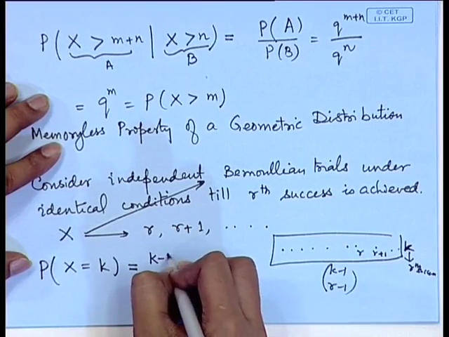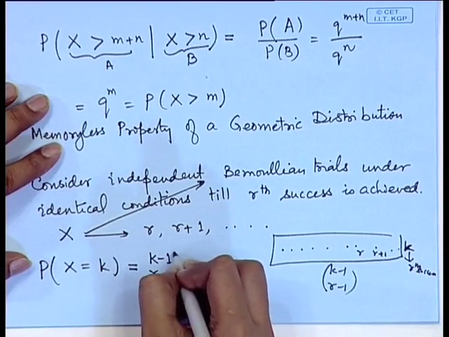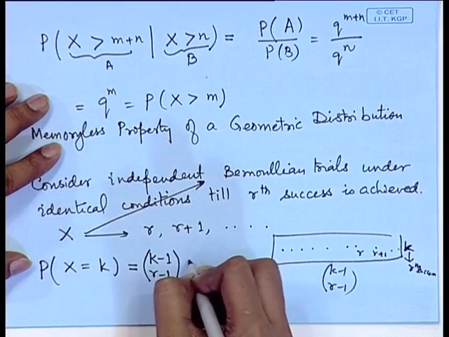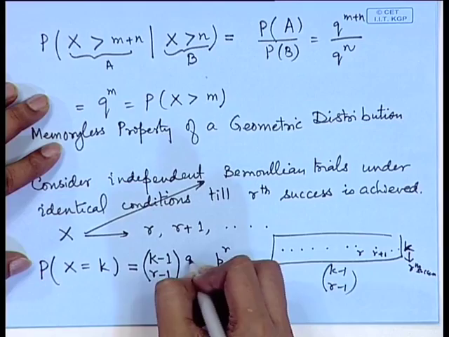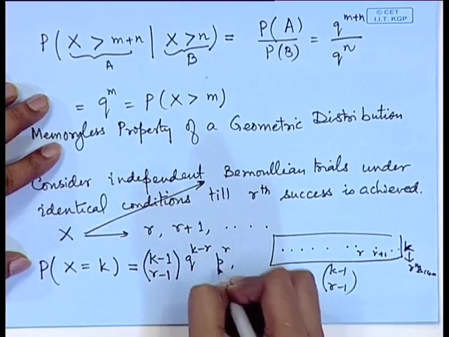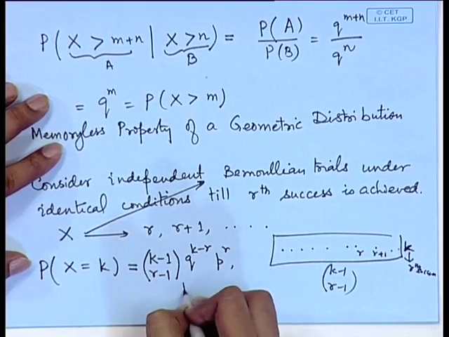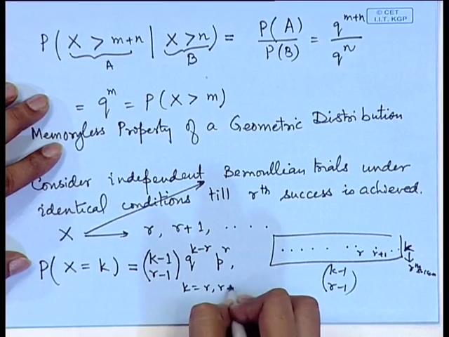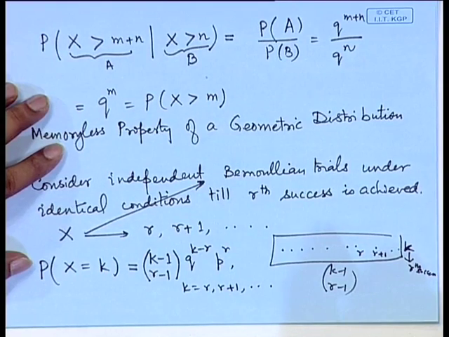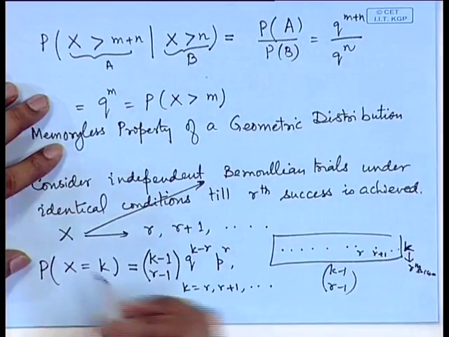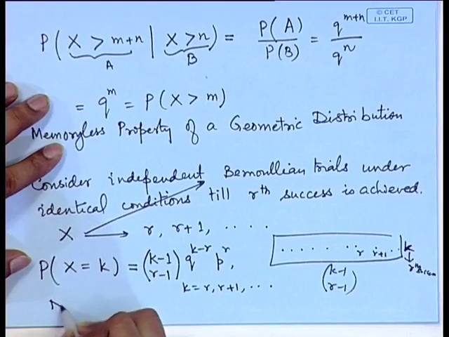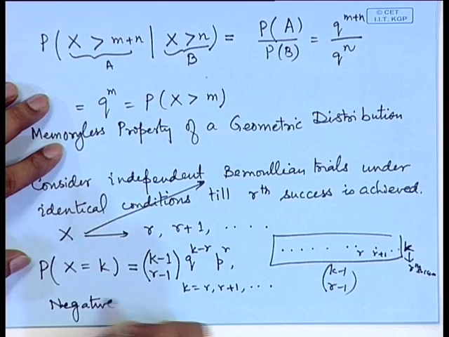So, the probability of this event will become k minus 1 c r minus 1 p to the power r q to the power k minus r for k equal to r, r plus 1, etcetera.